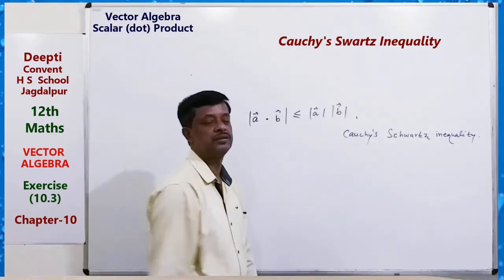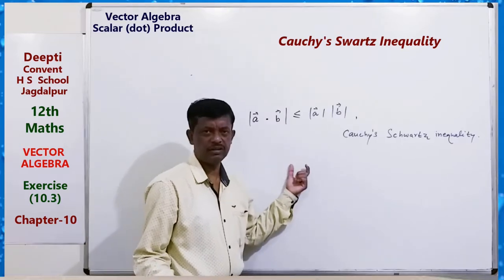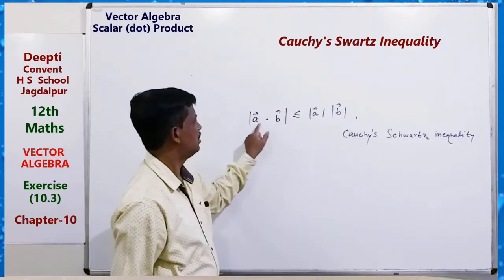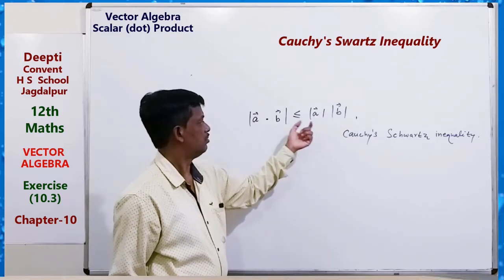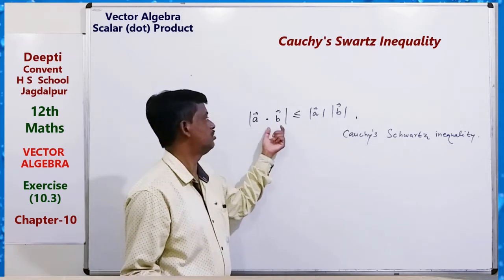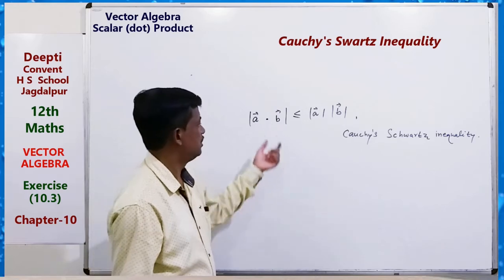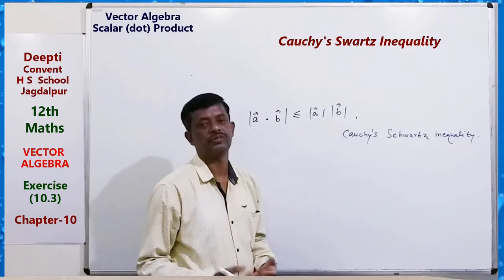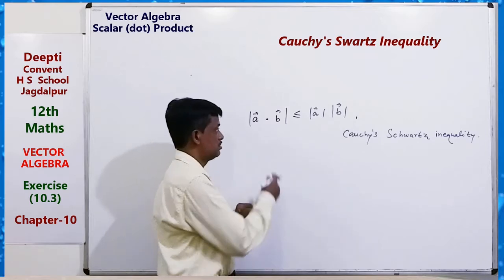If vectors A and B are zero vectors, then it is very clear that equal sign, A dot B is 0. We just define for vector A equal to 0 or B equal to 0 or both are 0, then this equals 0. So here 0, here also 0 for zero vector. So this is for non-zero vectors.